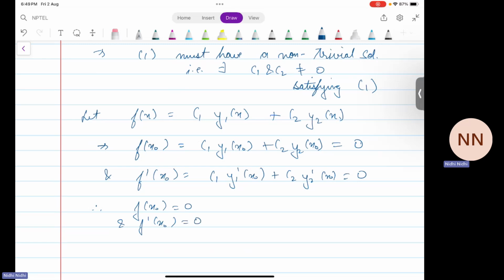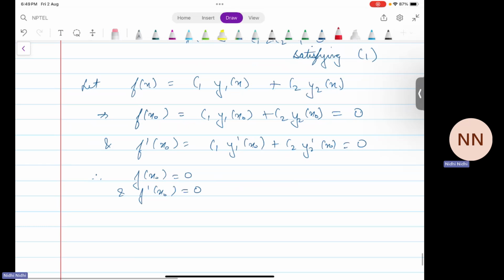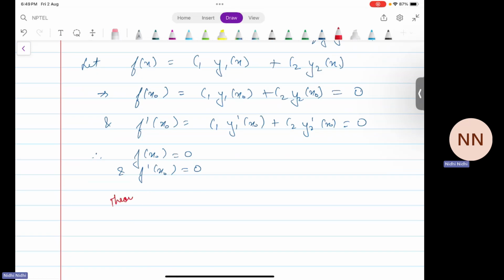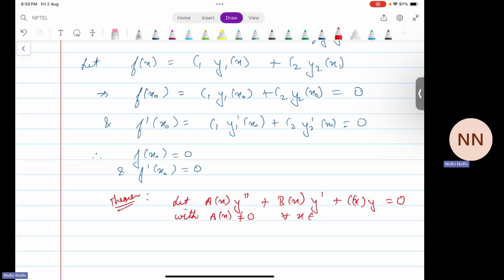Now, let me recall a theorem that you must have gone through. Let a(x)y'' + b(x)y' + c(x)y = 0, with a(x) non-zero for all x in the closed interval [a, b]. Let x naught belong to [a, b], and let c1 and c2 be two constants.